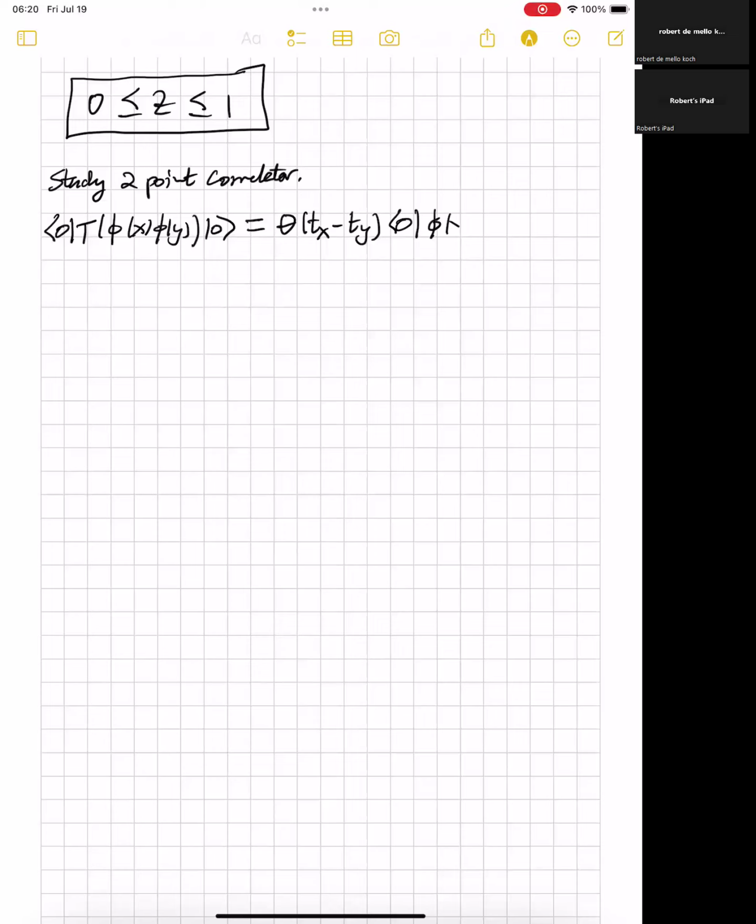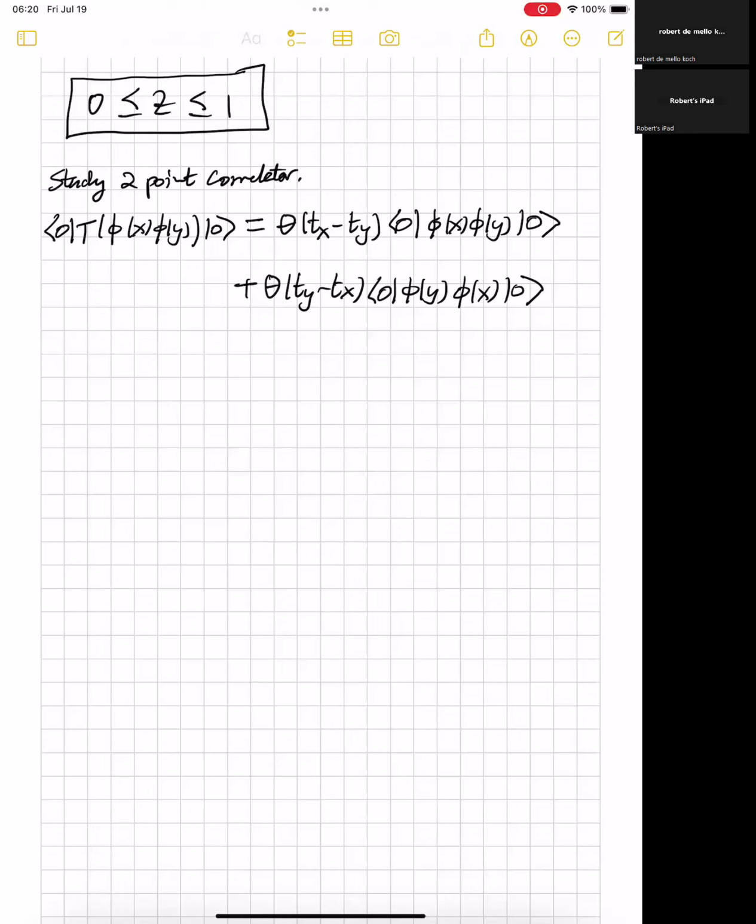And remember our rule for time ordering, that latest goes leftmost. So we'll have a term that looks like that. And then we'll have a second term, which is for T_y minus T_x greater than naught. And now the order of the fields is swapped. Good. So that's the usual time-ordered two-point correlation function.